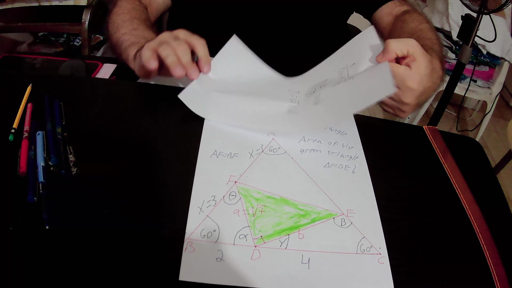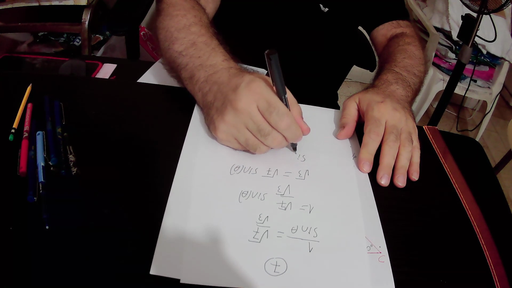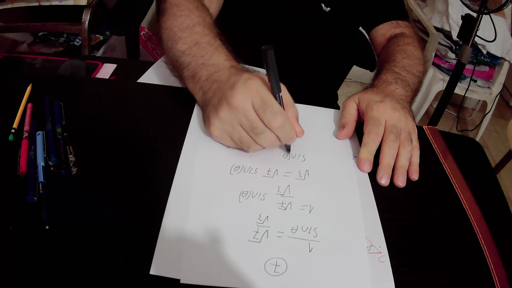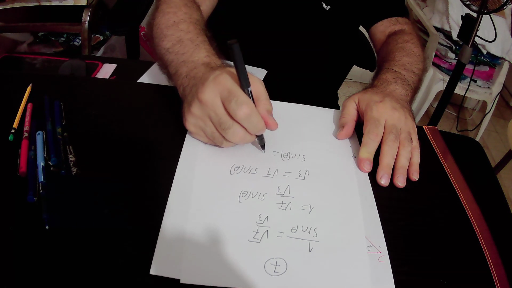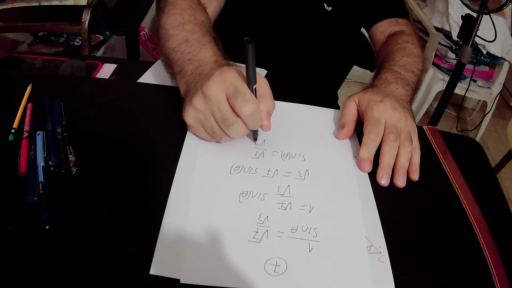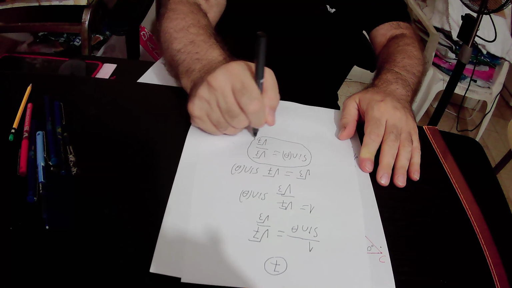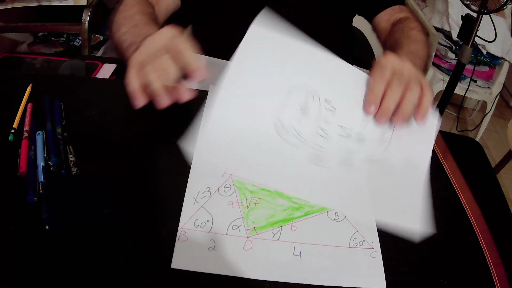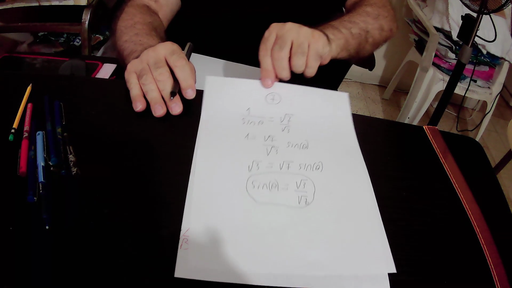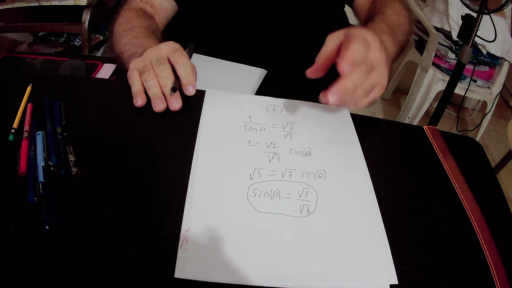And we will get that the value of sinus theta is actually root 3 over root 7. So we found out the value of sinus theta. Sinus theta equals the root of 3 over root 7.